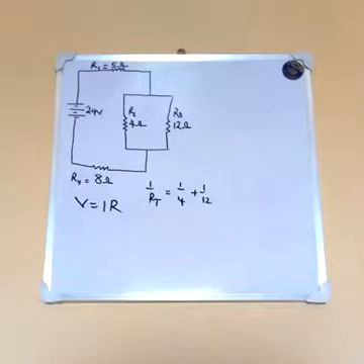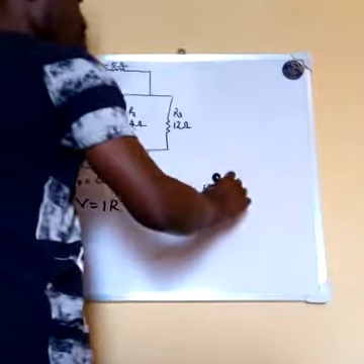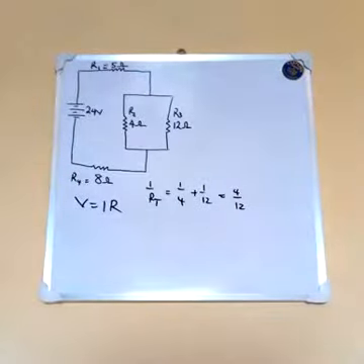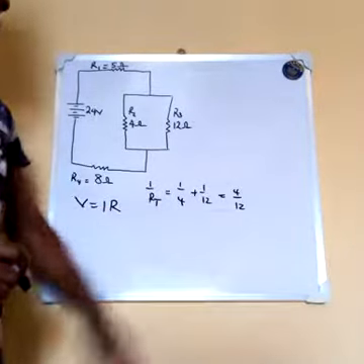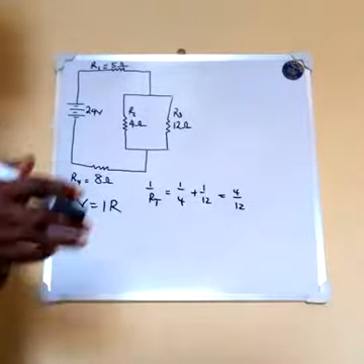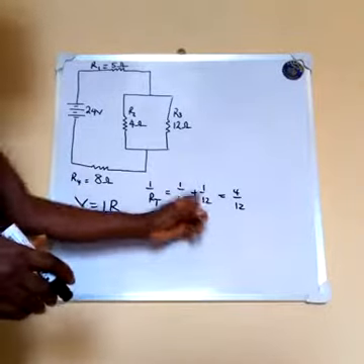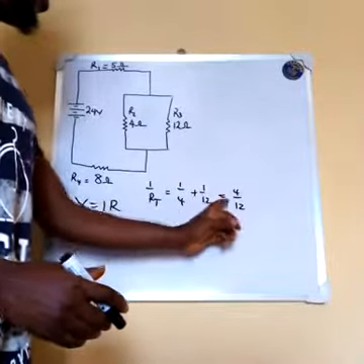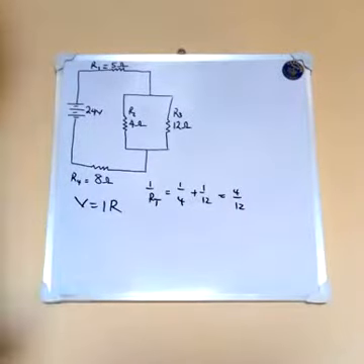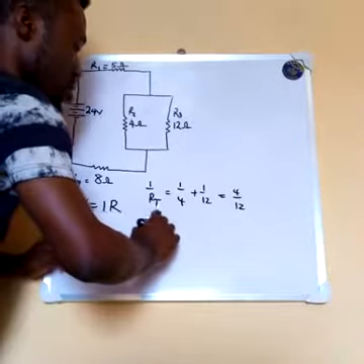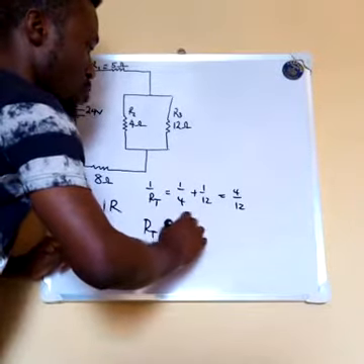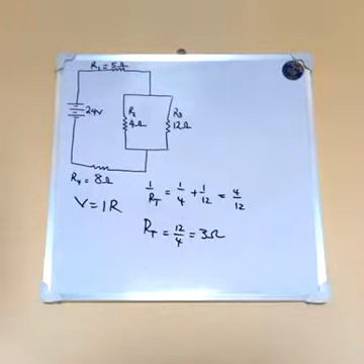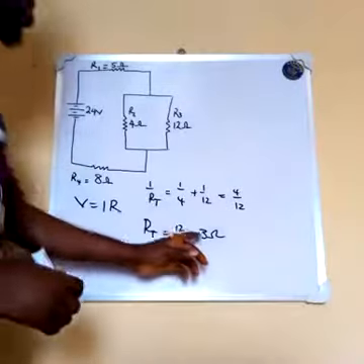The LCM of 4 and 12 is 12. 12 divided by 4 is 3, and 3 times 1 is 3. 12 divided by 12 is 1, and 1 times 1 is 1. So 3 plus 1 gives us 4, then you have 4 over 12. Then R total in parallel will be 12 over 4, which is 3 ohm. So from the parallel connection, the resultant is 3 ohm.